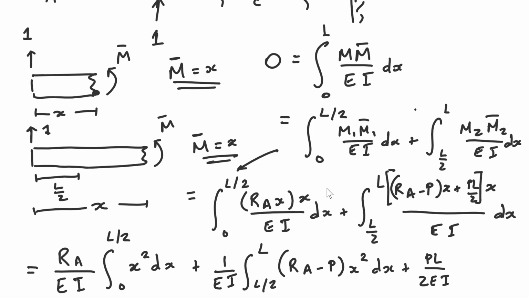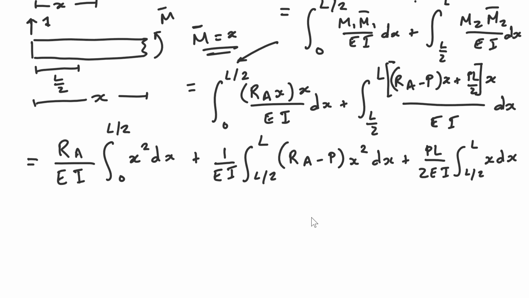You see I'm taking out this PL over 2 factor, L over 2 to L of x dx. Okay, let's keep trotting forward here. What's the integral of x squared? X cubed over 3. So RA over EI, now x cubed over 3, we're going to plug in L over 2. So it's going to be L cubed over 8 over 3.